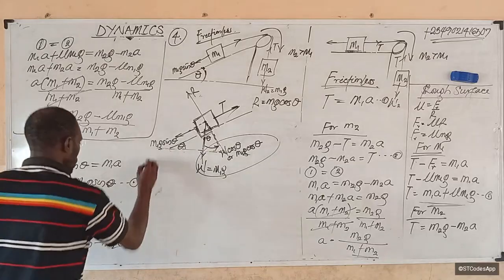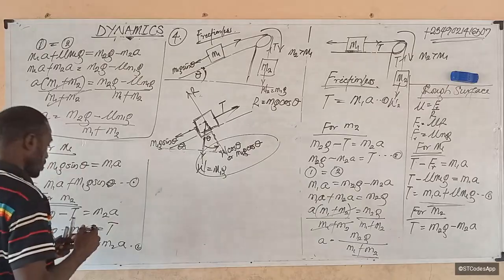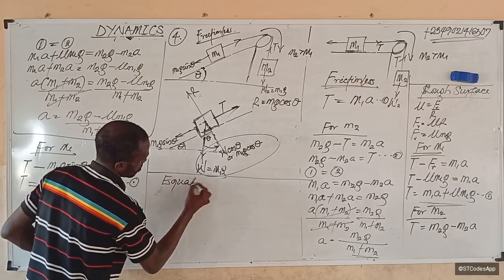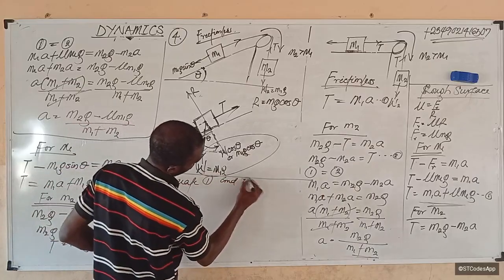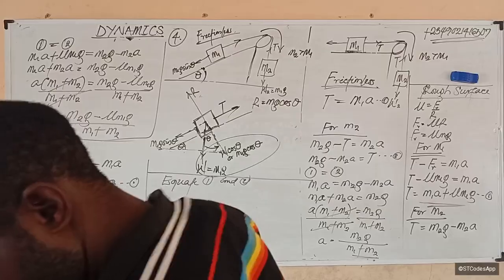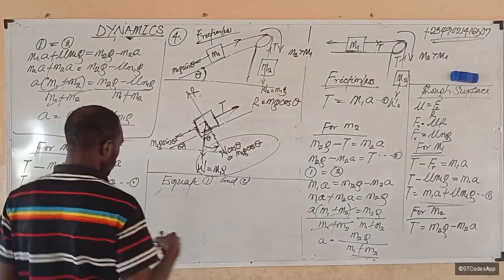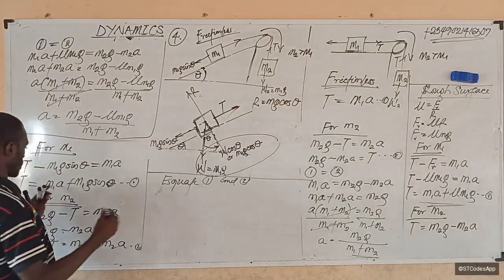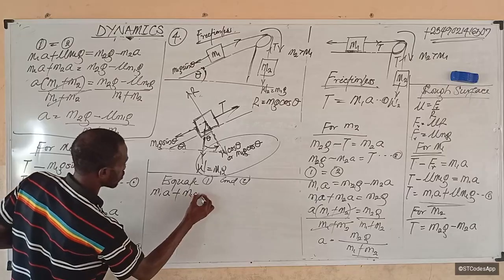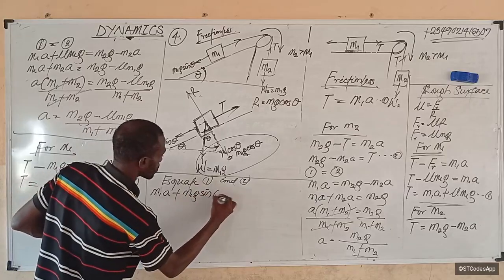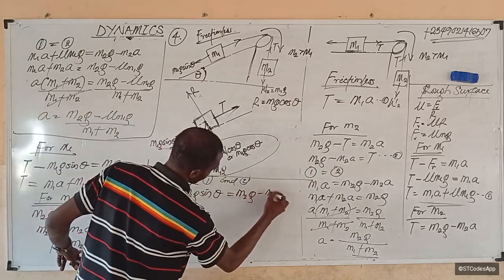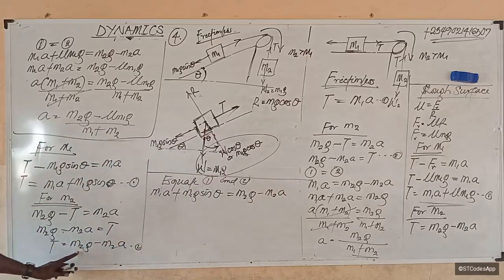So we can now equate equation 1 and equation 2. Let me take other markers. So equation 1 is m1a plus m1g sine theta is equal to m2g minus m2a.